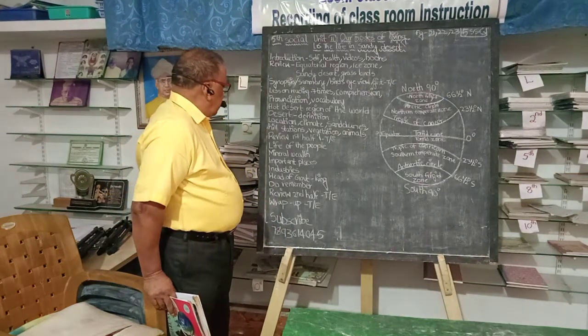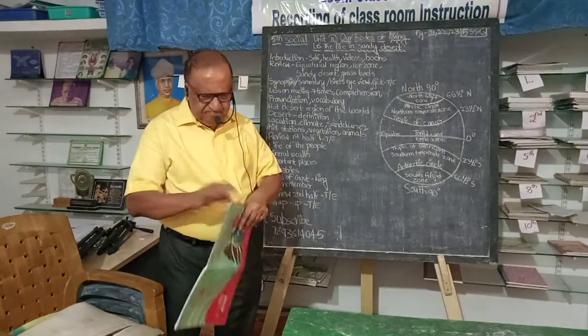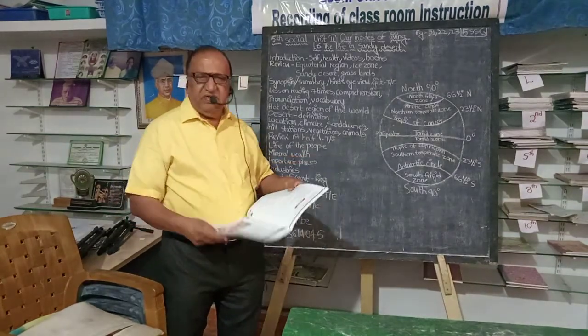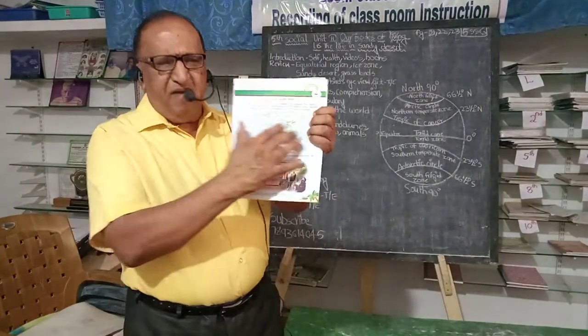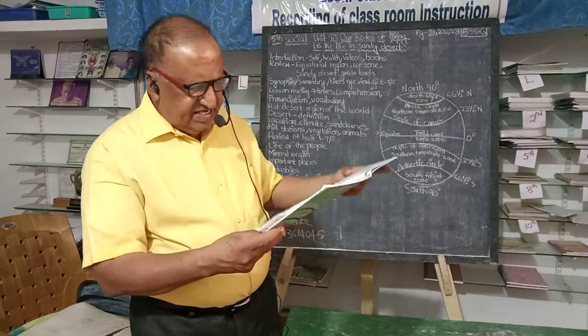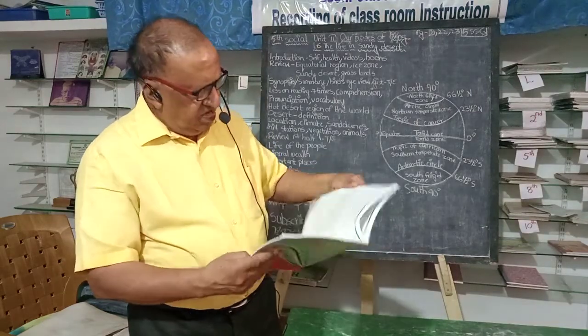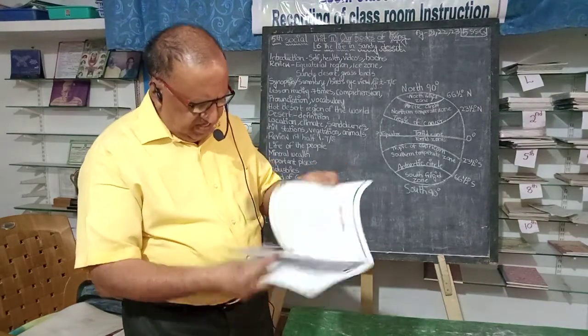Okay? Now, first if you look at page number 21, you can see the world map here, and then there are some areas, the hot desert areas, and then we have another page 22.